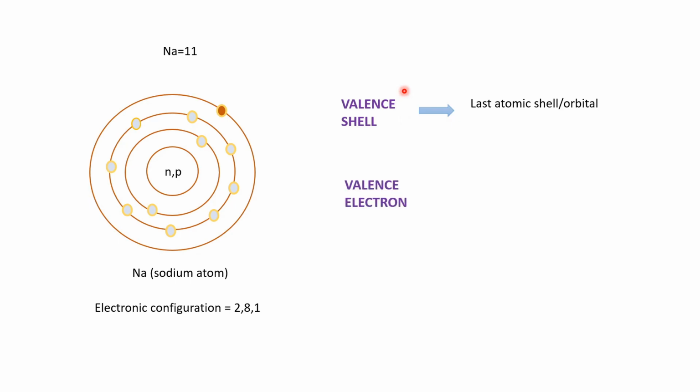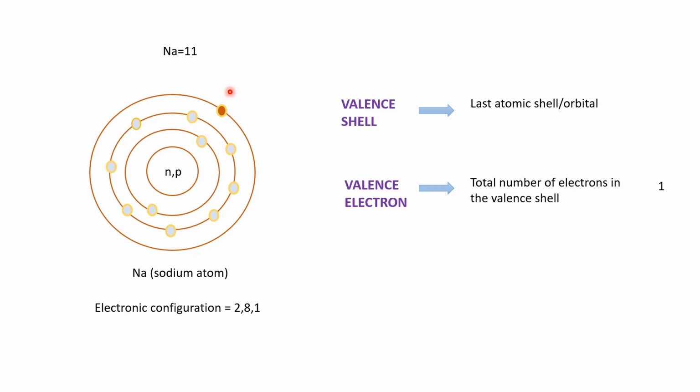Valence electrons are the total number of electrons in the valence shell, that is, the total number of electrons already accommodated in the last shell. So here the total number of electrons present in the valence shell is 1. So the valence electron is 1.